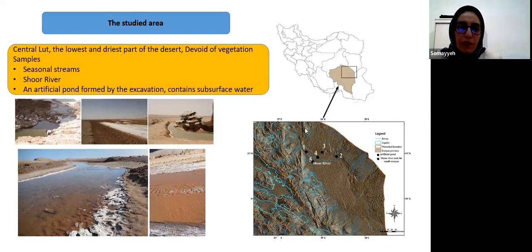So the samples we took were from the south of Gandumbarian, as I told you that it is a basaltic area and once was called the hottest spot in the central Lut.